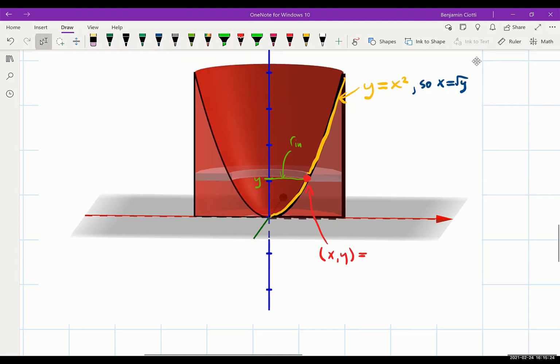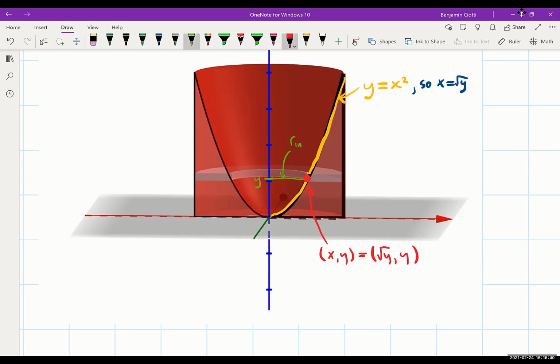Remember, I'm keeping in the back of my mind that I want to get everything in terms of y. So that's why I'm going to write this point as square root y, comma, y.